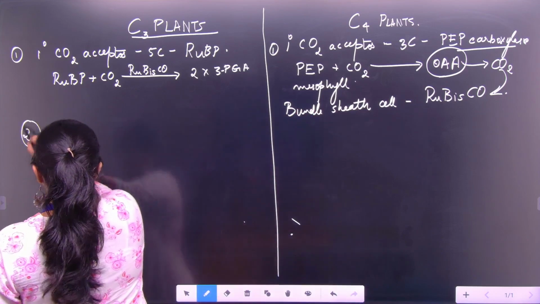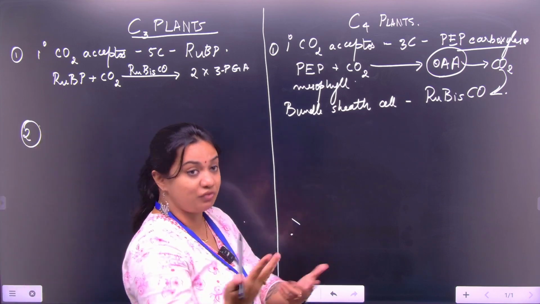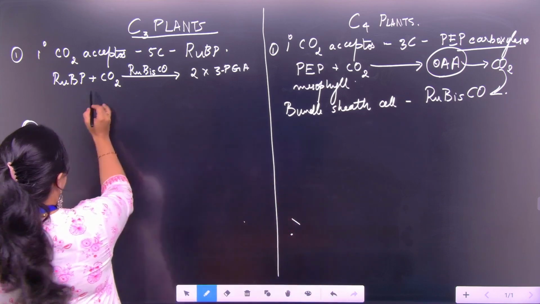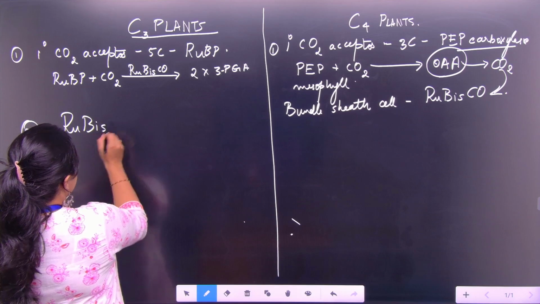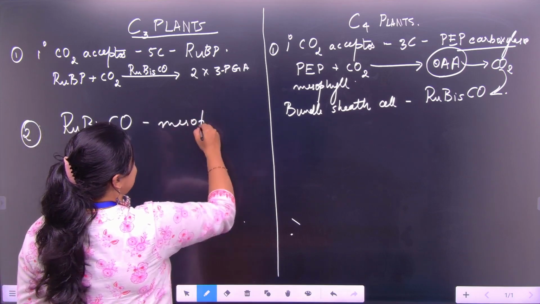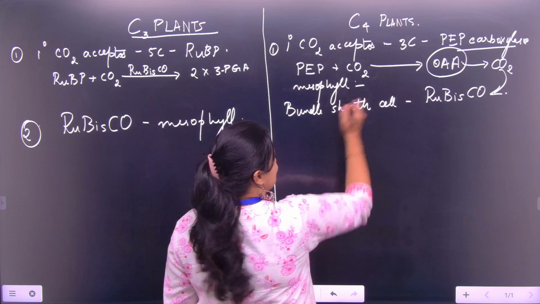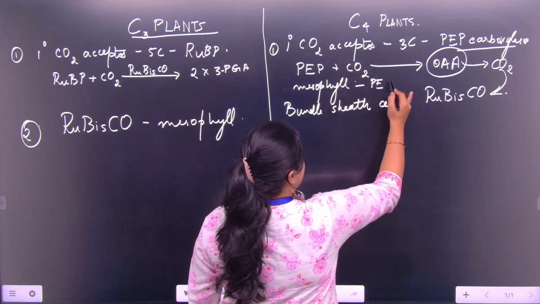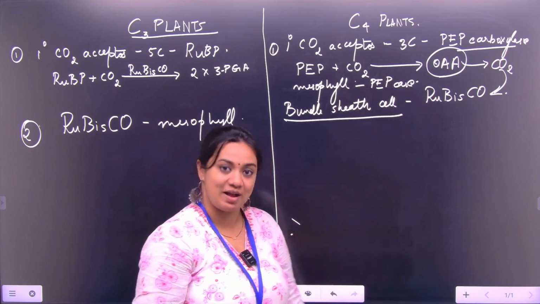Then one more is the presence of enzymes for carboxylation. Here we have only Rubisco, and the Rubisco is present in the mesophyll cells, whereas in this case mesophyll cells have PEP carboxylase, whereas bundle sheath cells have Rubisco.